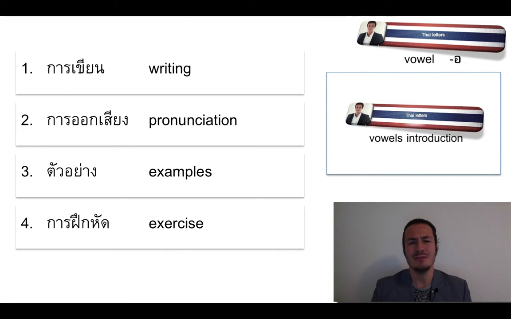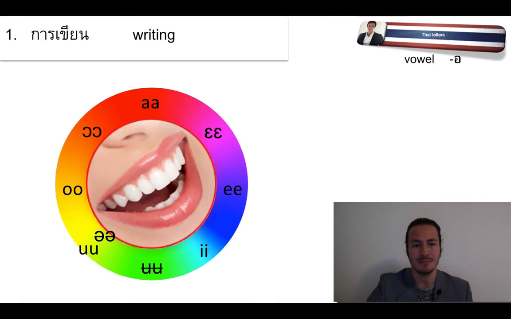If you haven't seen the vowel introduction yet, do that now, otherwise continue watching this very lesson. In the vowel introduction, you were introduced to the wheel of vowels, and the vowel is placed in the wheel of vowels, which goes from the whole range of possible vowel variety.